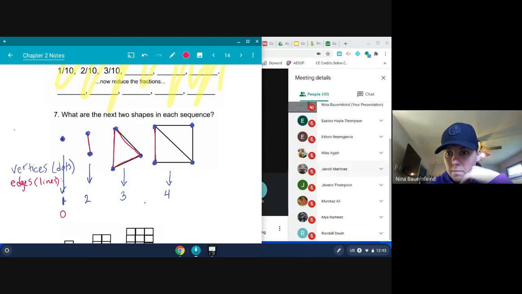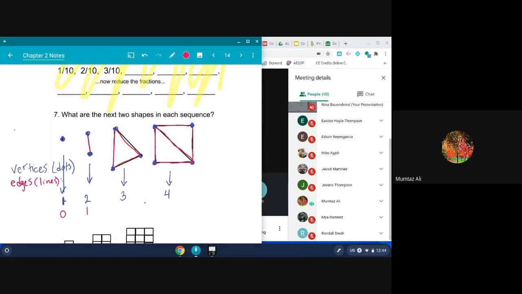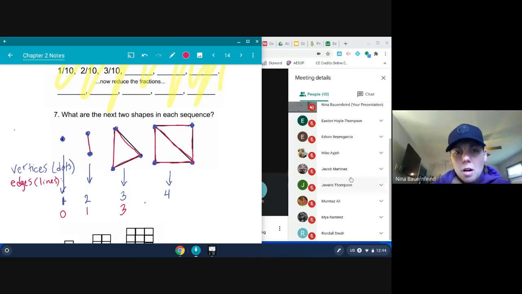Let's see. Randall, how many lines are in the second picture? 1. You got it. Mumtaz, how many lines are in the third picture? 3. Yup. Haibo, how many lines are in the fourth picture?